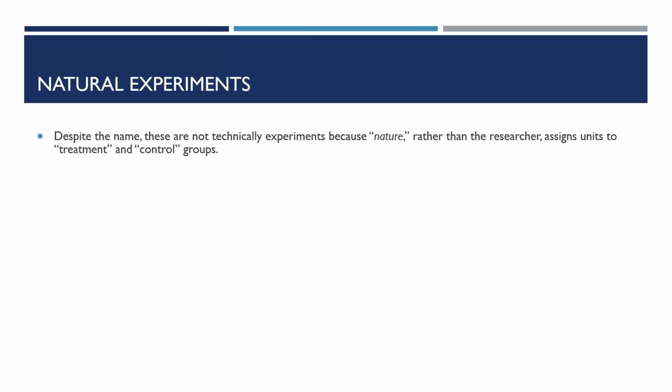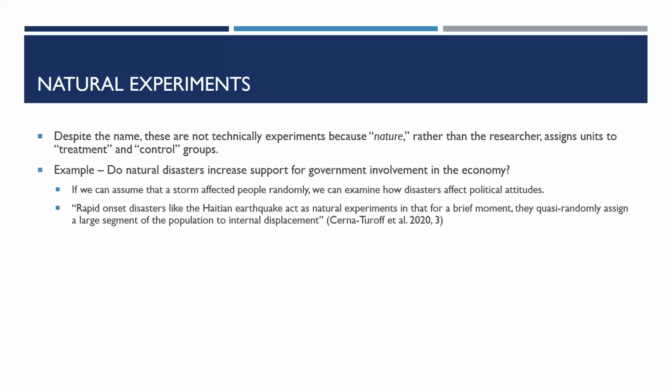Okay, so I mentioned a minute ago that natural experiments aren't technically experiments in the truest sense of the word, because the researcher is not the one administering a treatment. And because when it comes to things like randomization, we have to make some big assumptions, right? So an example of one of these that not necessarily a lot of political science looked at, but a few studies I know did.